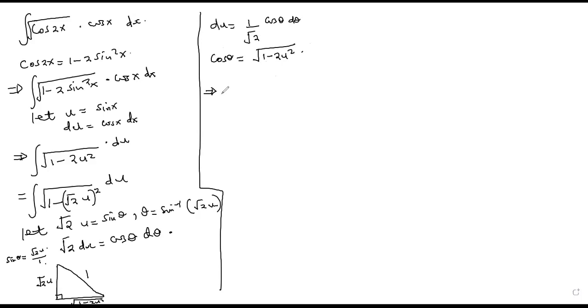the whole integral is going to become the integral of root 1 minus 2u squared, of which this will be sine squared theta, du, which is 1 over root 2 cos theta d theta. I can factorize out 1 over root 2.